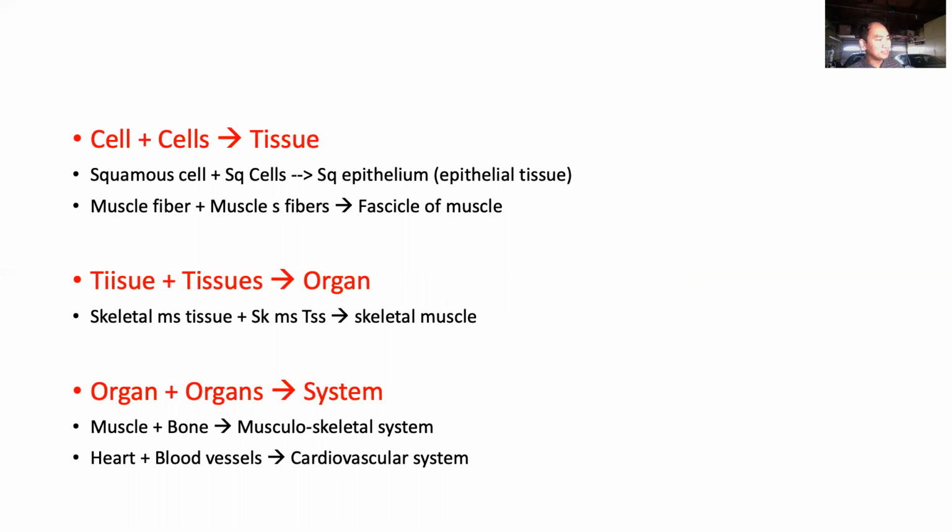It is the muscle fiber. Many squamous cells make a squamous epithelial tissue. Muscle fiber plus many other muscle fibers will make a muscle fascicle. The muscle fiber is equivalent to the squamous cell hierarchy level, because you can still divide it further into many different parts.